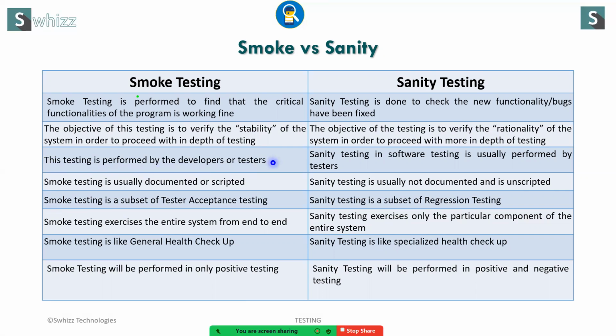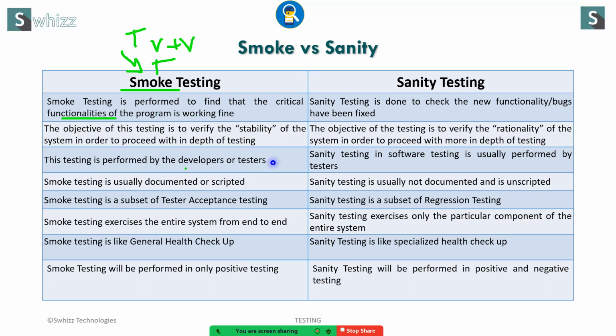Yes. We know that testing is a combination of verification and validation processes. Before sending the build to the testing team, the developer will perform some level of testing. As part of that testing, they can also perform smoke testing. First, they have to verify that the particular build at least meets the critical functionalities.